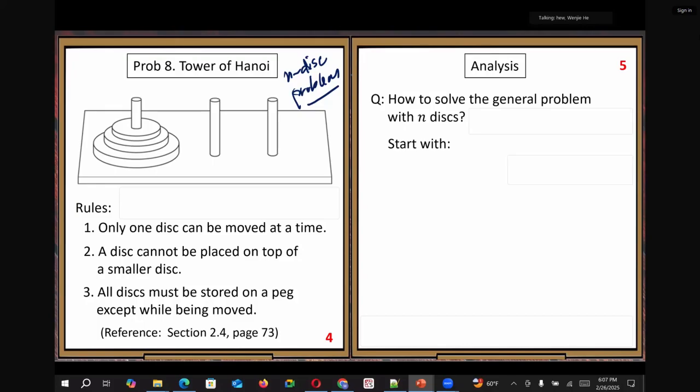Look at it. What's the simplest case here? One disk is trivial, one move, you're done, so we skip it. Two disks, how about that? Can you solve the 2-disk Tower of Hanoi problem?